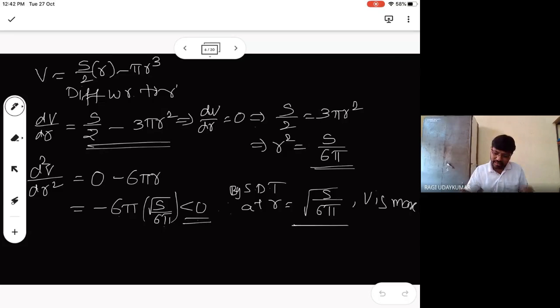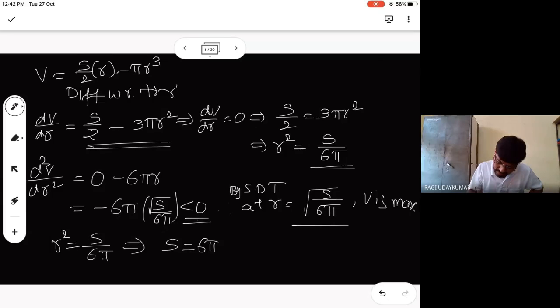You do one thing here. Instead of substituting the r value directly, substitute the S value, because we don't need the r value in terms of S. So here what you are going to get: r square is equal to S by 6 pi. So this implies S is equal to 6 pi r square. Substitute the S value in H. What is H?